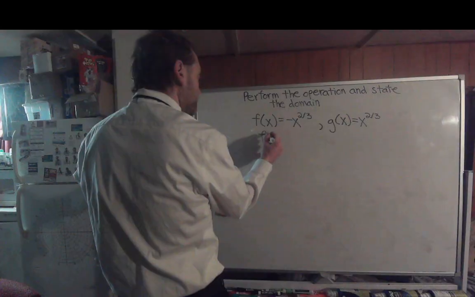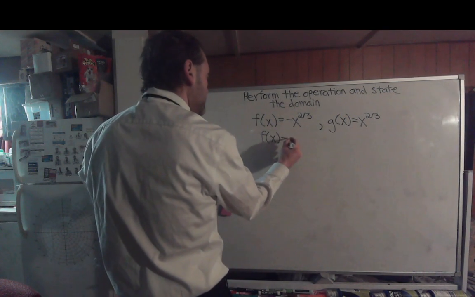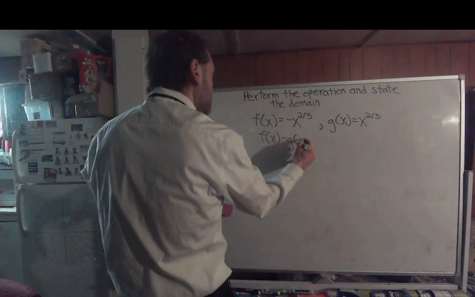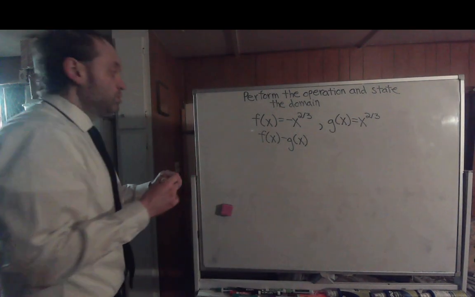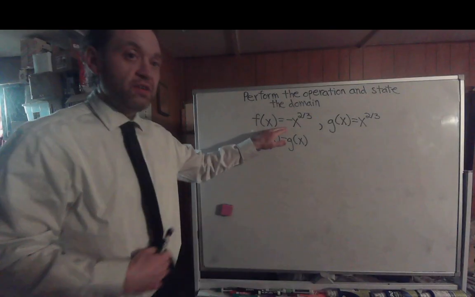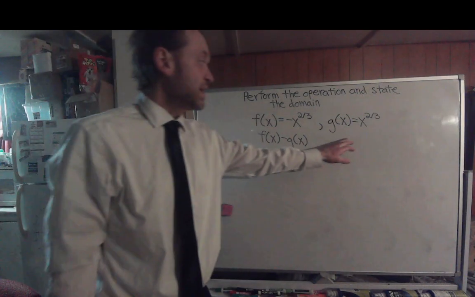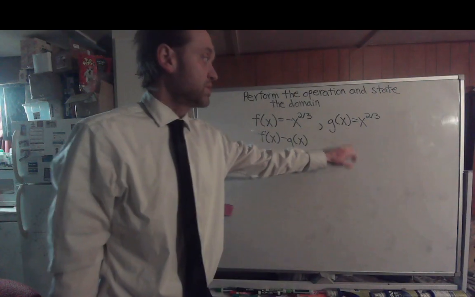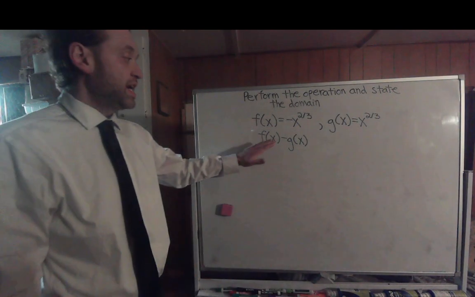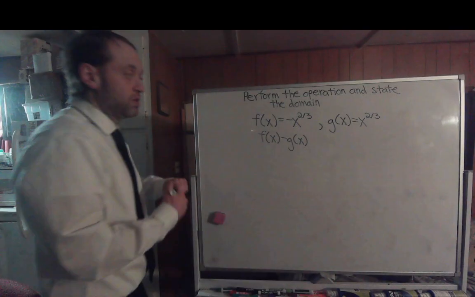This time we're going to find f of x minus g of x. So we have f of x equals negative x to the 2/3, g of x equals x to the 2/3. They want us to find f of x minus g of x.